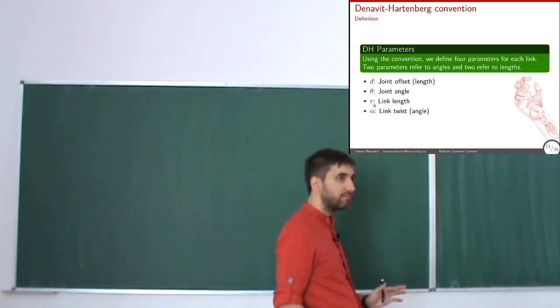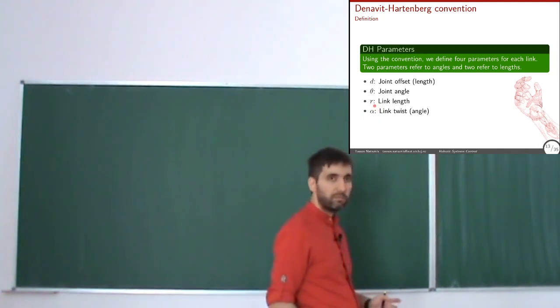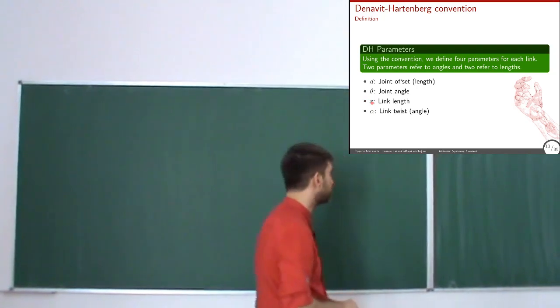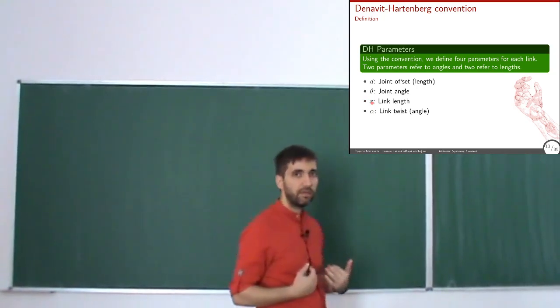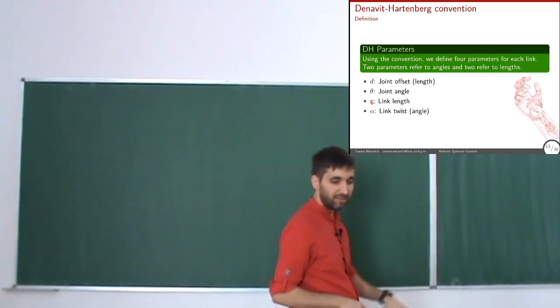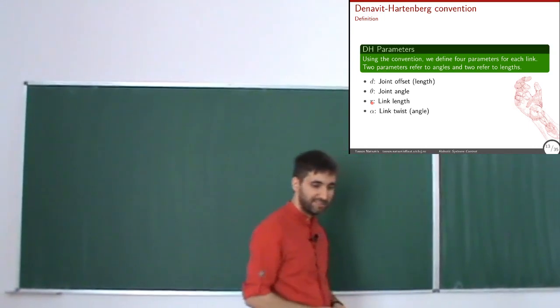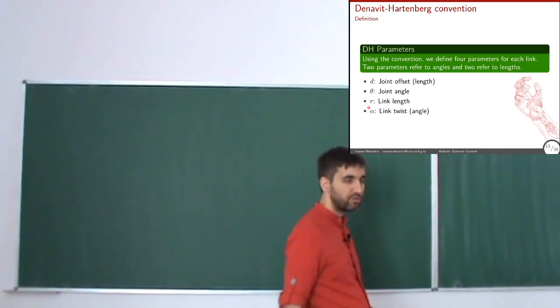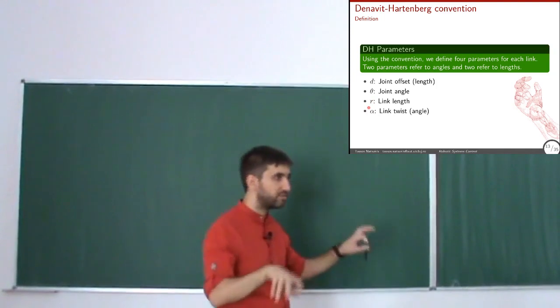In some textbooks or on Wikipedia, the link length is called a. But for people like me, it's easier to use a different letter and not confuse a with alpha. Safer. In more modern textbooks, they use r as well because they noticed that it's confusing.